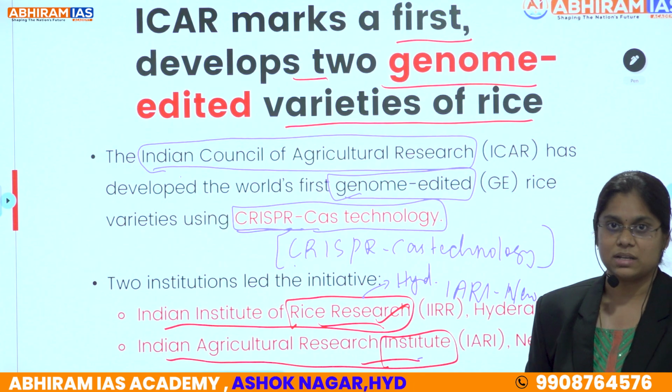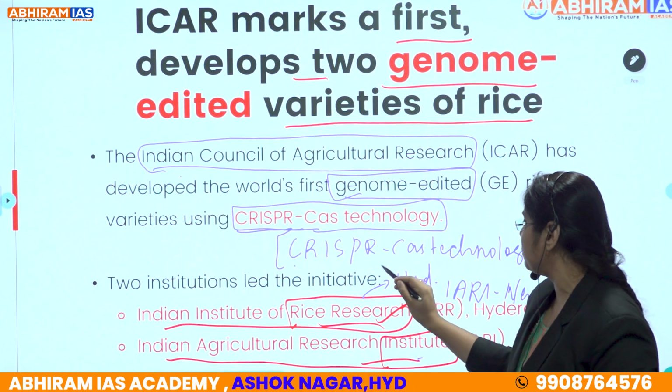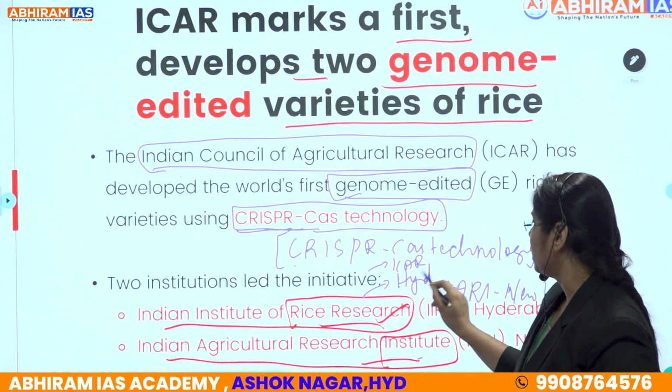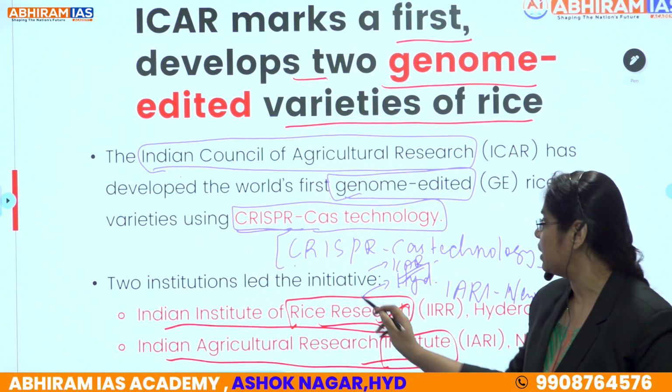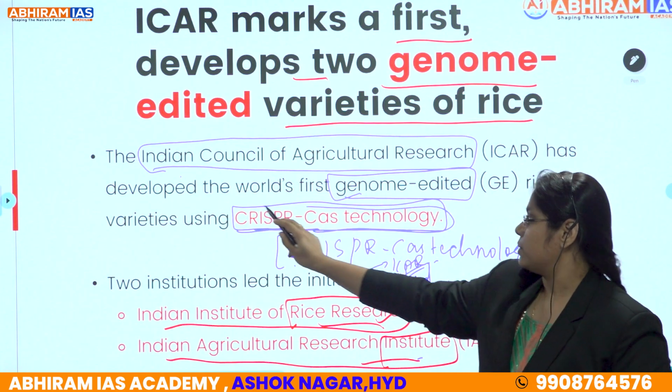One is in Hyderabad and one is in New Delhi, and these helped ICAR. Clear? Now let's see what genome editing is, and in particular let's talk about CRISPR-Cas technology.